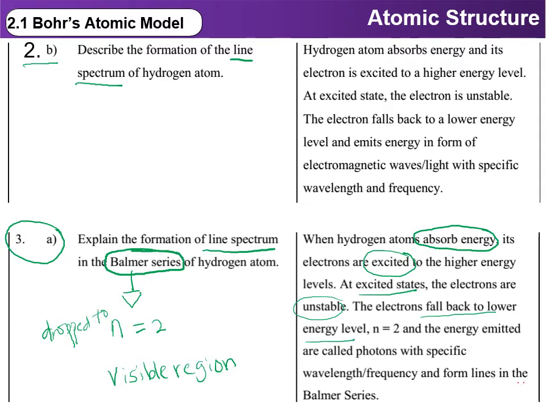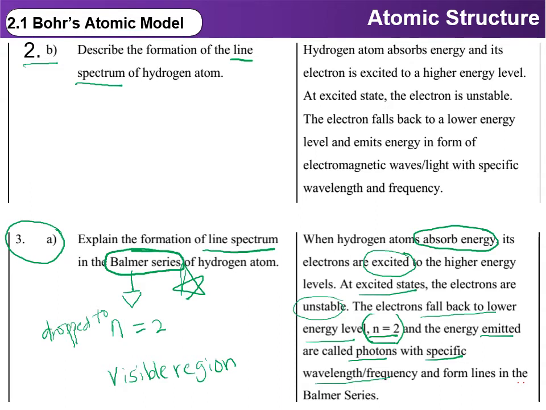But because this question mentions the Balmer series, we have to specify that the lower energy level is n equal to 2, and the energy is also emitted in the form of a photon with specific wavelength and also frequency.